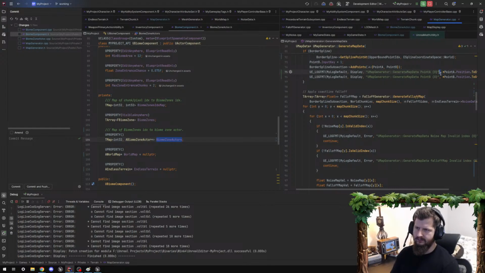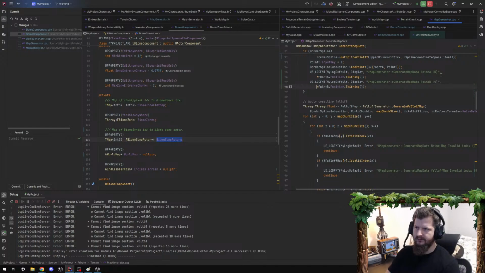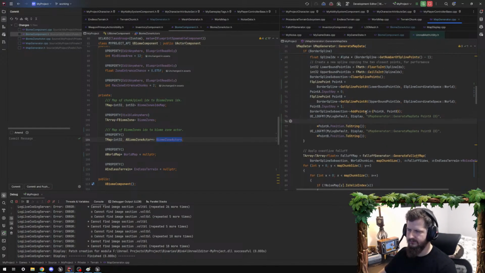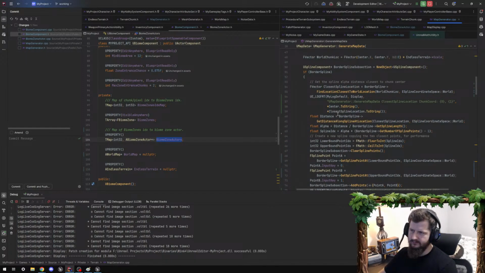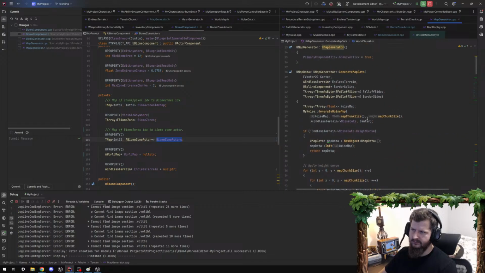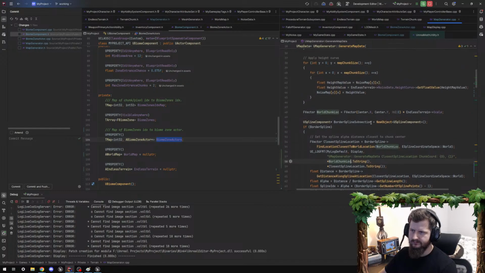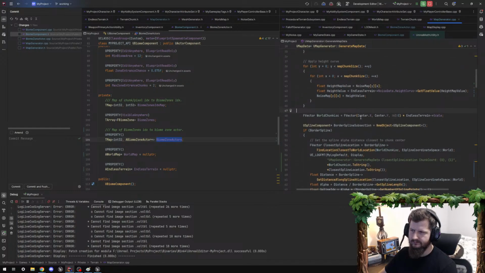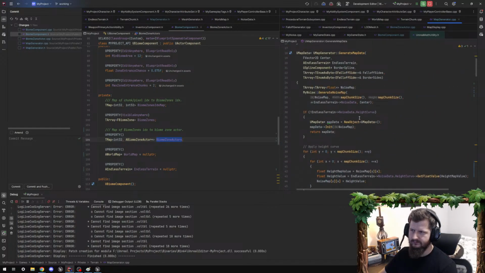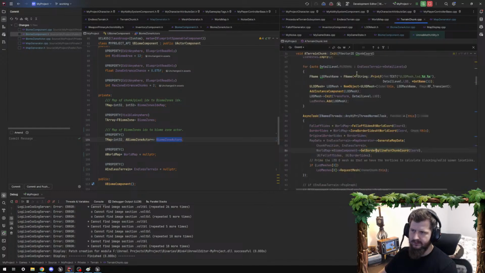Yeah, so God, I need to log the chunks at every single one. And let's just log the world location rather than this center that's weird. And that should be the chunk coord. Ooh, no, that's chunk position. Okay.